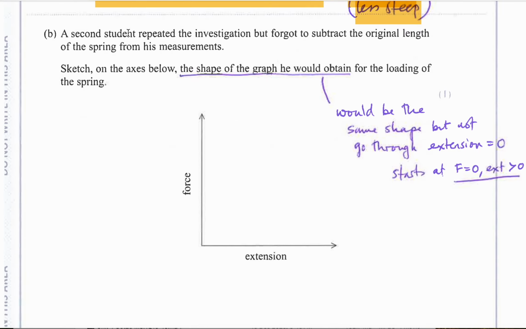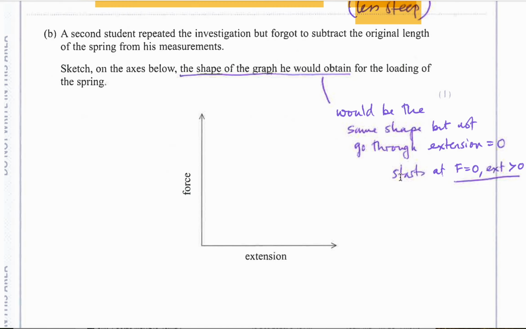Okay. A second student repeated the investigation but forgot to subtract the original length of the spring. So what will happen if he does that? Sketch on the axes below the shape of the graph that he would obtain for loading of the spring. It will be the same shape but not go through the origin.